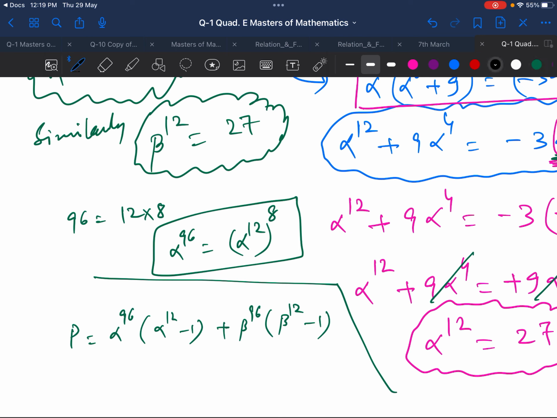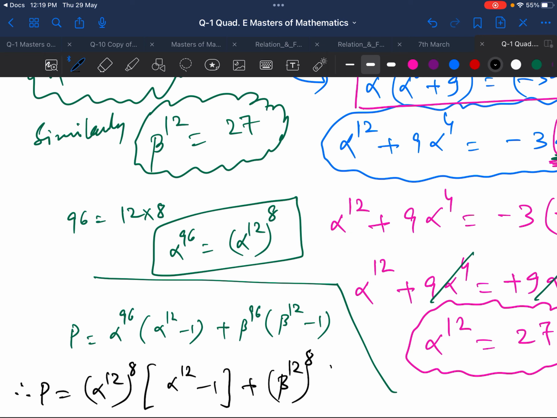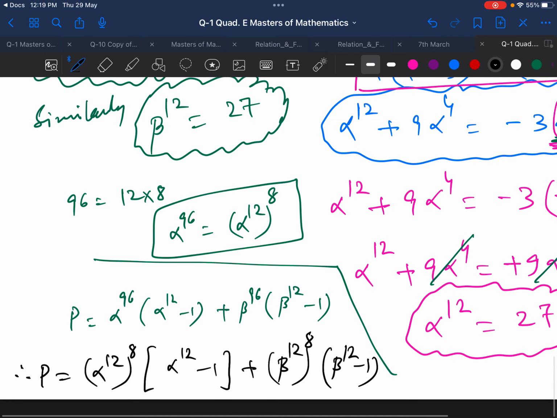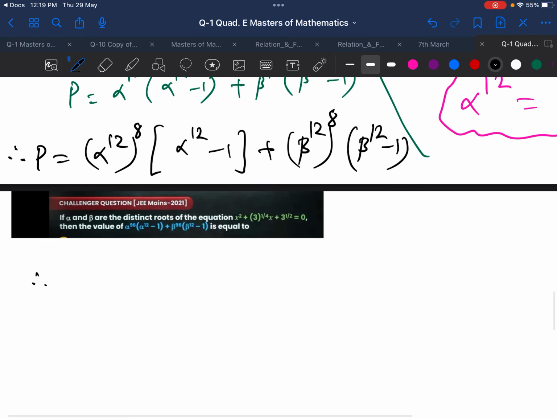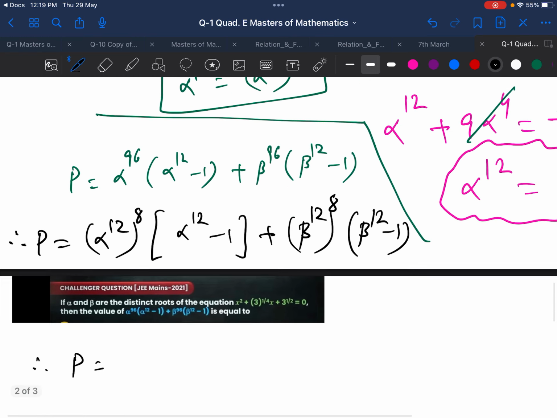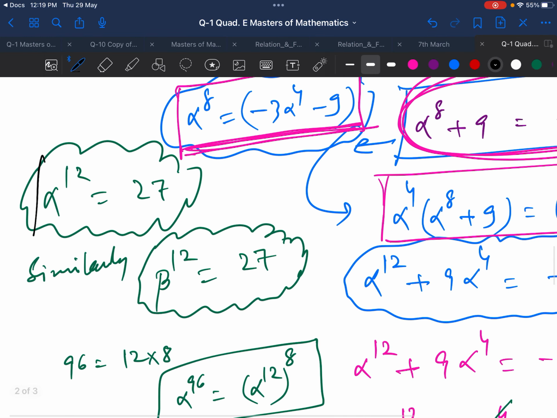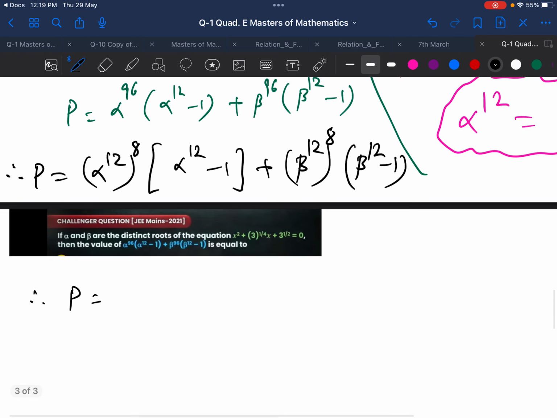Now I will put the value. So therefore P comes out to be alpha raised to power 12 raised to power 8 into alpha 12 minus 1 plus beta raised to power 12 to the power 8 into beta power 12 minus 1. Now see what happens. I got alpha raised to power 12 as 27 and beta raised to power 12 as 27.